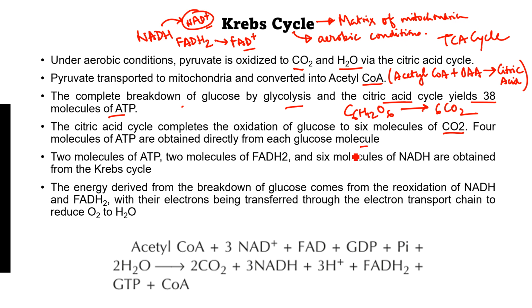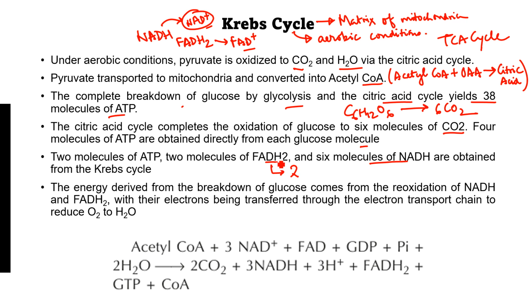Okay, so we will see which are the steps where ATP molecules are generated. There are 2 molecules of ATP generated by substrate level phosphorylation, 2 molecules of FADH2, and 6 molecules of NADH. As we know, 1 molecule of FADH2 gives how many ATP? How many ATP are generated from oxidation of 1 molecule of FADH2?